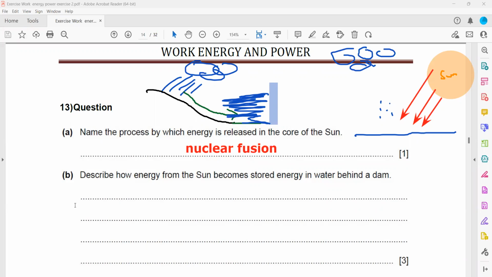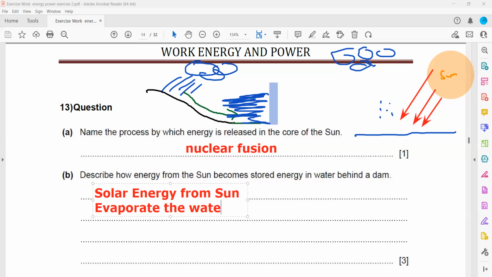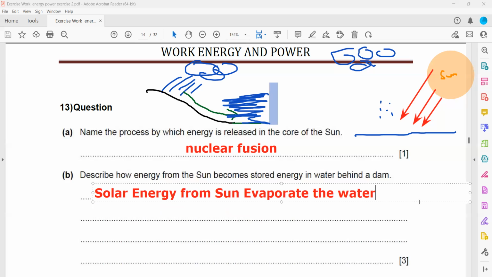So solar energy from the sun, or heat energy you can mention, will evaporate the water, then it will form clouds, and then precipitation.